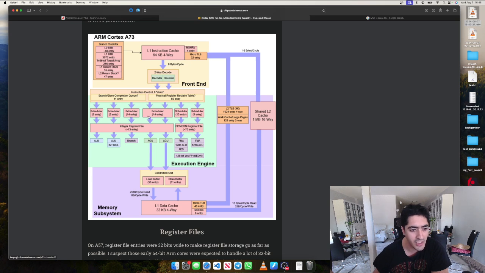Maybe 28. 4, we have 34, 40, and then in the integer register file you have about 73 in 3, and then you have an ALU, integer multiplication, branch, address generating unit. And that was for finding the next instruction in the memory.